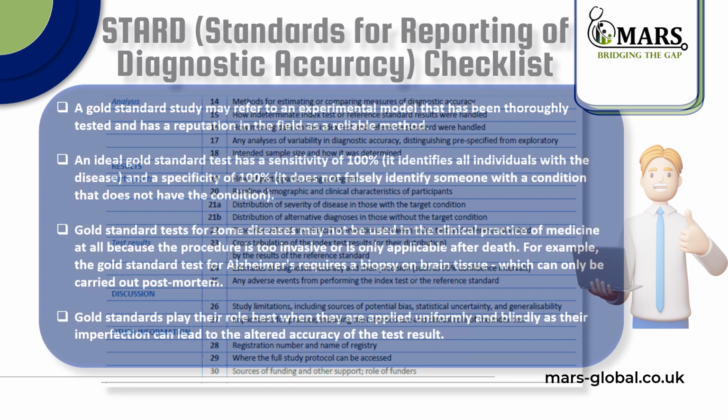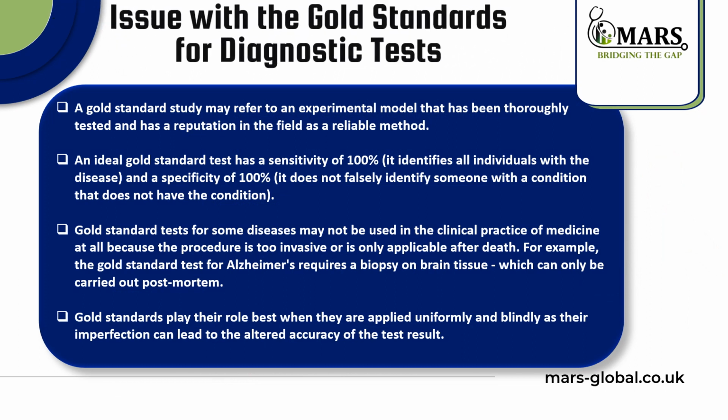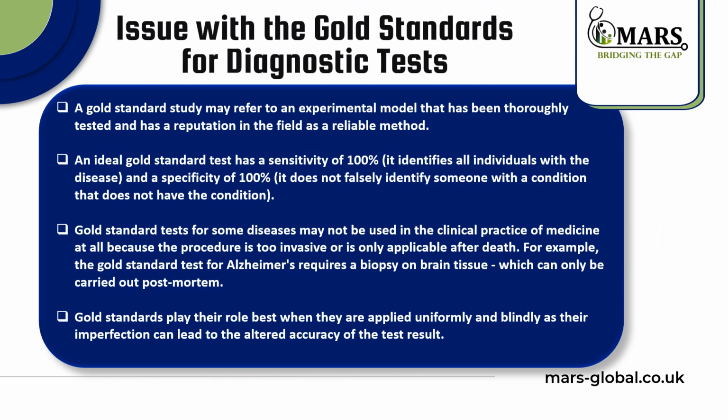Now, what is a gold standard? A gold standard may refer to an experimental model that has been thoroughly tested and has a reputation in the field as a reliable method. Now, what are the issues associated with it? Gold standard tests for some diseases may not be used in the clinical practice of medicine at all because the procedure is too invasive or is only applicable after death.